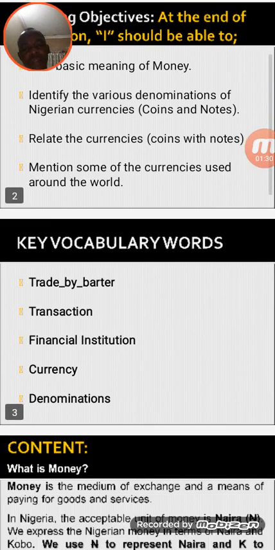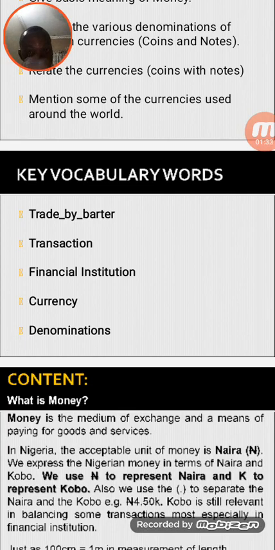Okay? The key vocabulary words here. The first one, trade by barter. What do we understand by trade by barter? To trade by barter means you have something in exchange for whatever services rendered to you.